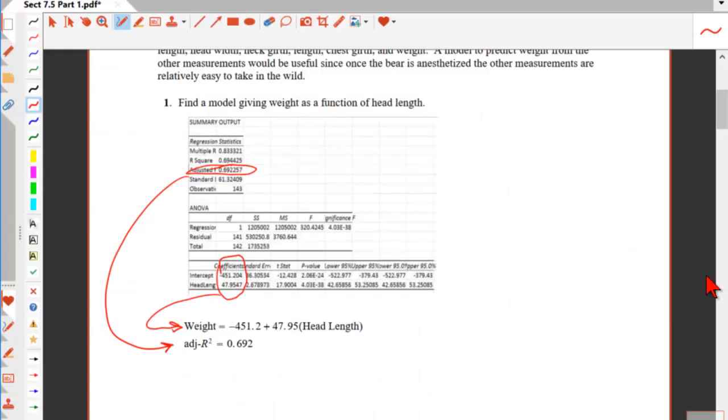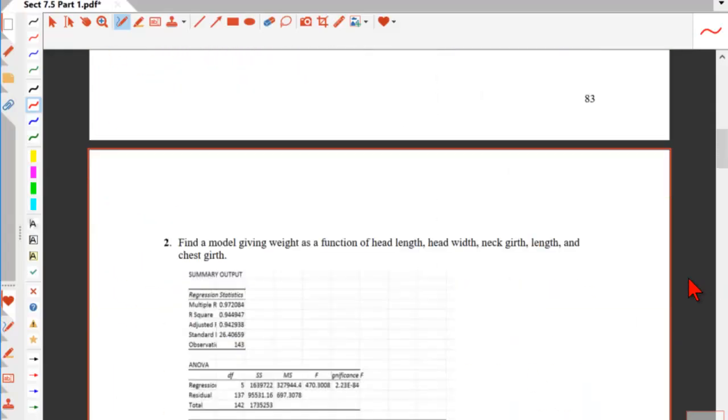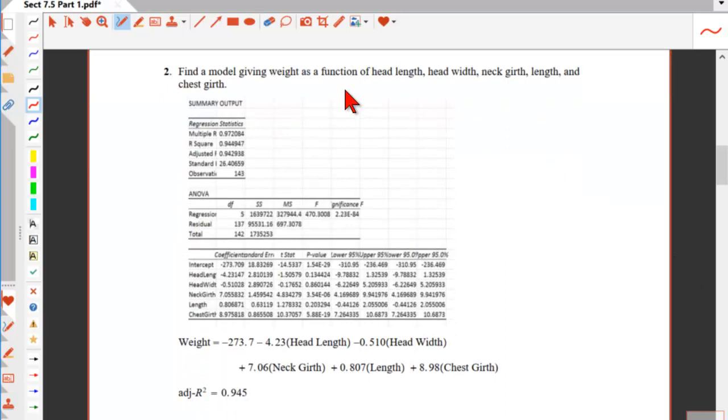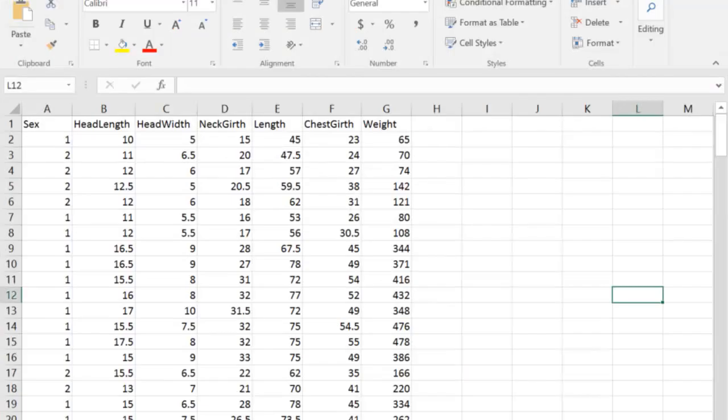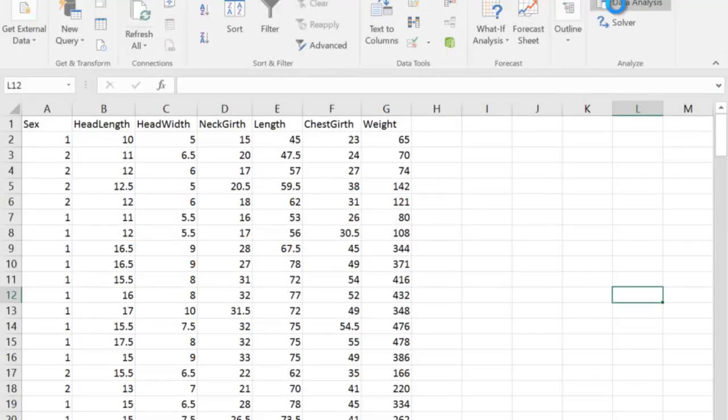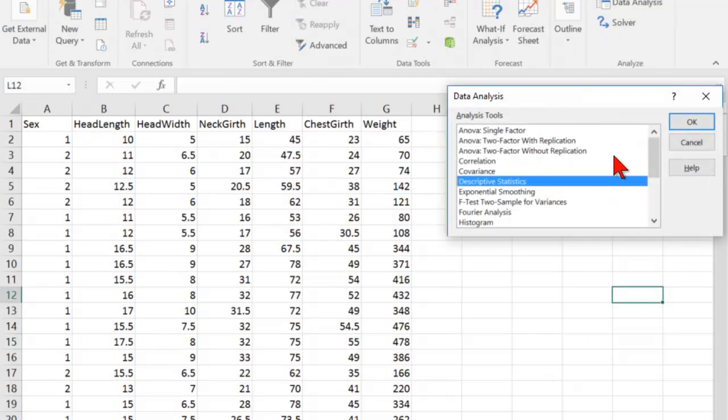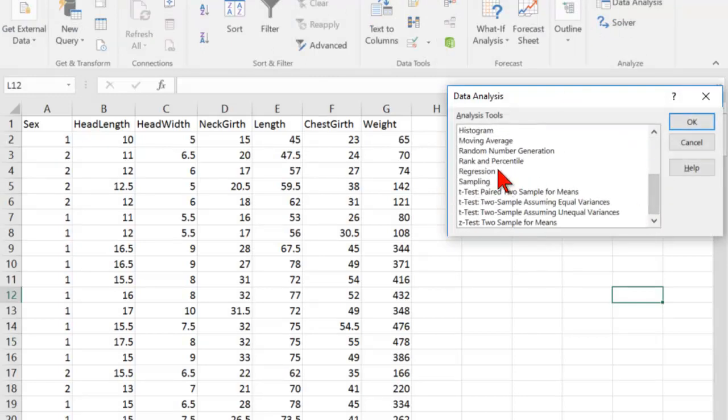So the next thing to try might be, let's throw everything at it. Let's give weight as a function of all of these other measurements. So a reminder how to do that. Data analysis, choose regression.